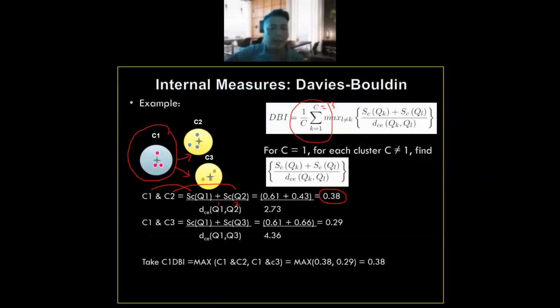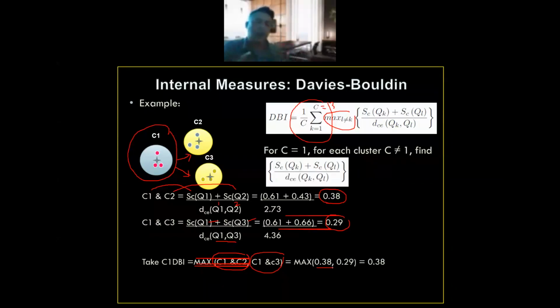I plug in the value, and this is the value that I get. Since I'm using max here, I'm choosing either this or this value, but since this is max, I will choose this one. In this case, we take the worst scenario. That's why we are looking at the max.